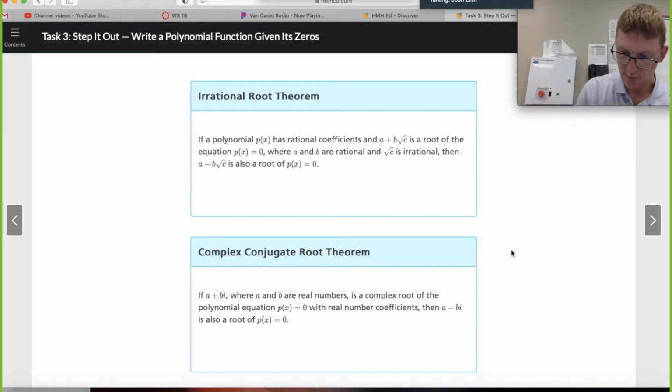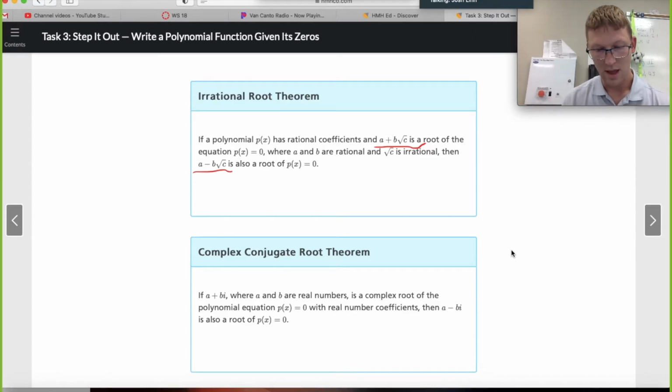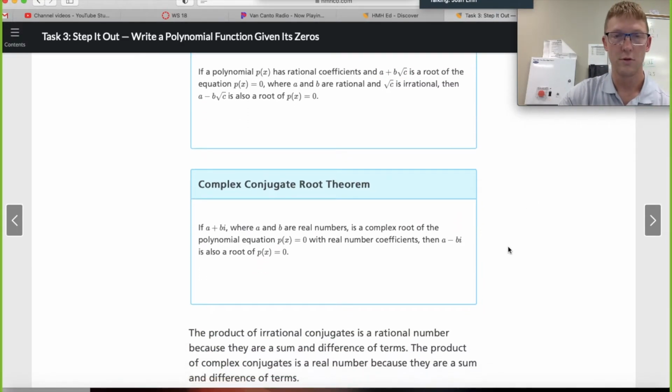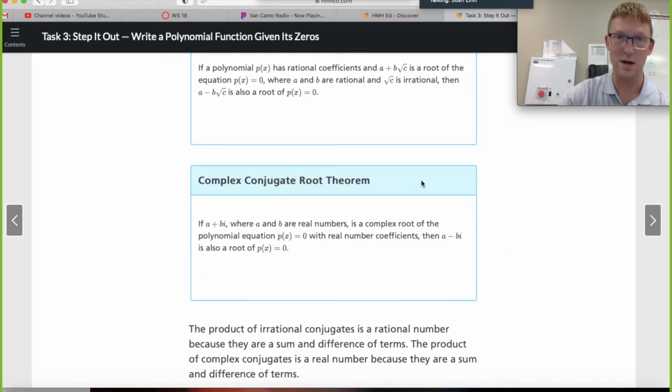Translation: if you have this as a root in one of your functions, you also have its conjugate as a root. So if you find an irrational root that has a square root in it, the conjugate of that square root is also a root. The same thing goes for the complex conjugate root theorem.